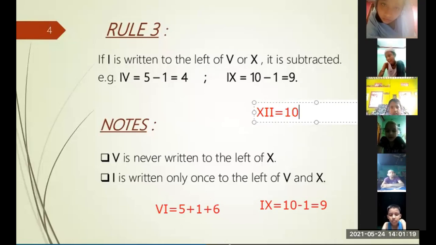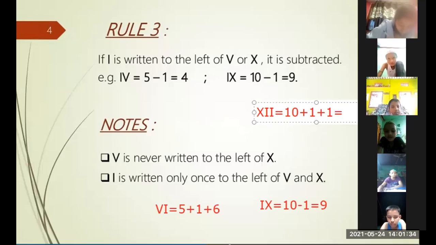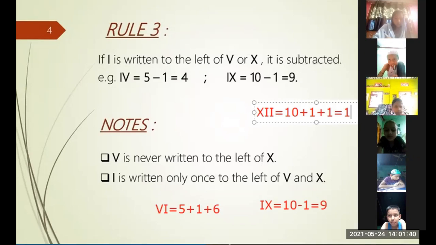Then plus 1. I value is 1. Yes, very good. Next, plus 1, plus 1. Next is equal to how much? 12. Very good.